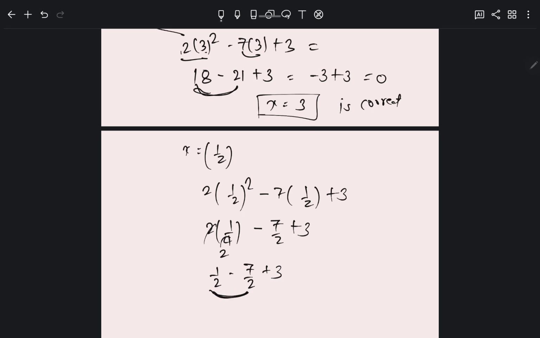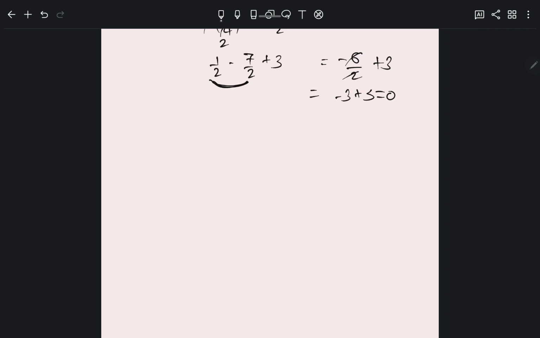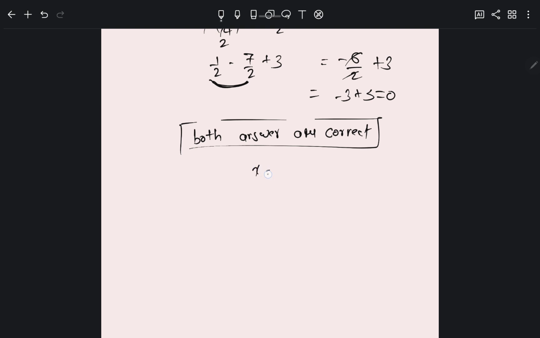You already know that the denominator is same. Minus 3 plus 3 and we got 0. So both answers are correct, because we got 0 when we put the values x equals 3 and 1 by 2 in our original equation.